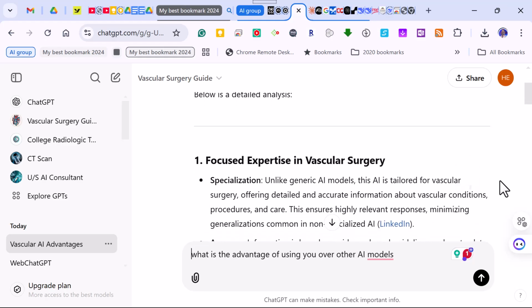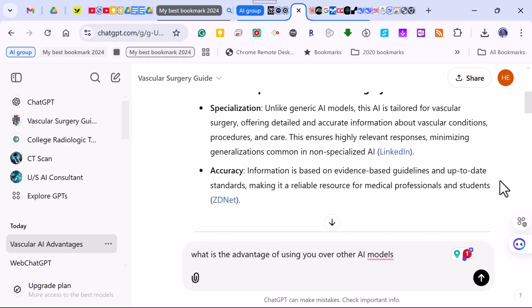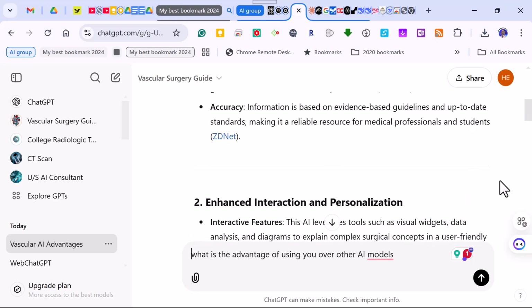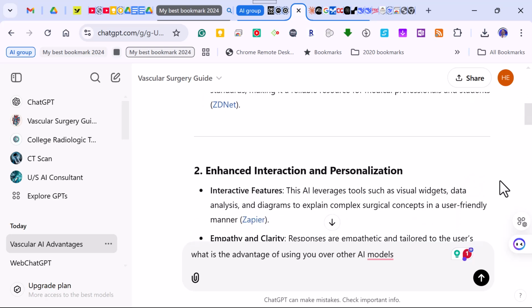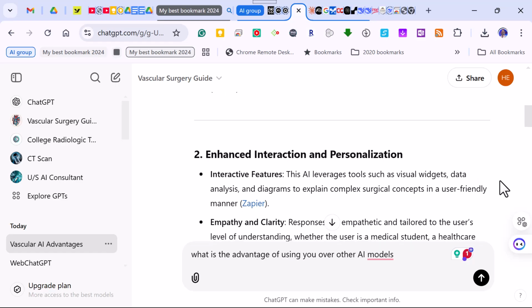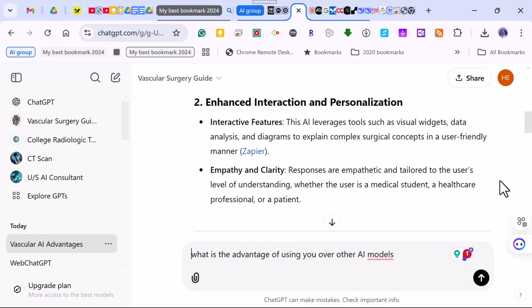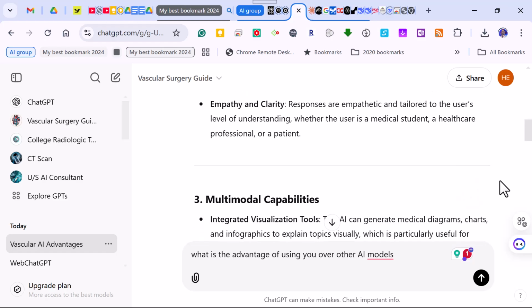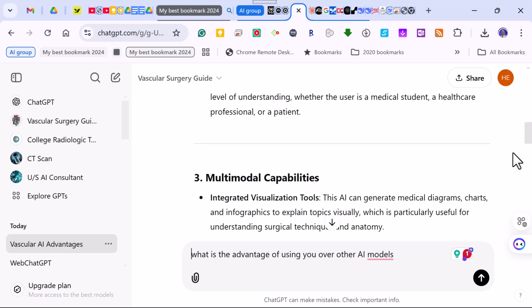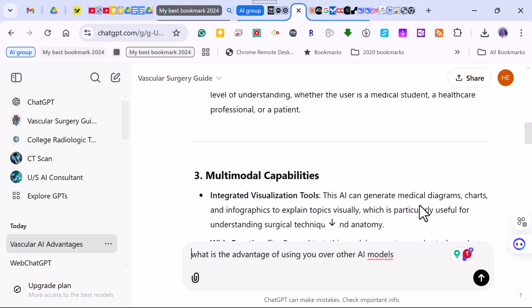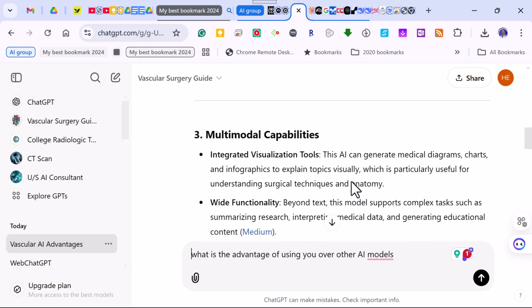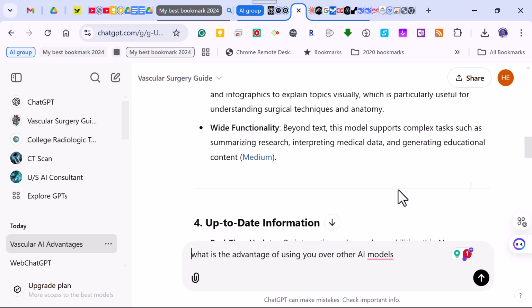So its focus expertise in vascular surgery, it is more accurate, and it has enhanced interaction and personalization. So it also shows empathy and the clarity in the response. It has a multimodal capability, which means that it can generate diagrams, charts, infographics, explain topics, and even surgical techniques and anatomy. It has a wide functionality.